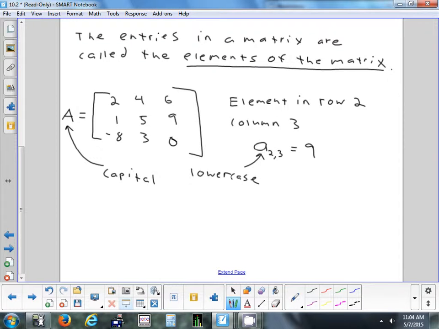If you're doing it on a computer, you might be more used to something like whatever your matrix is, given a name, and you'd have a row and a column. That's how you'd reference an element on a computer. 2, 3. As I said, the notation is a little different because they start with the 0th one, not 1, but that's the basic idea.